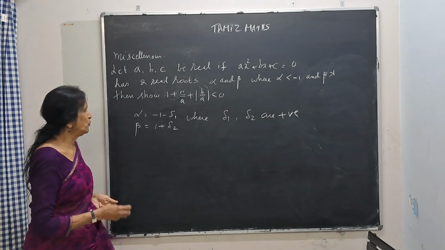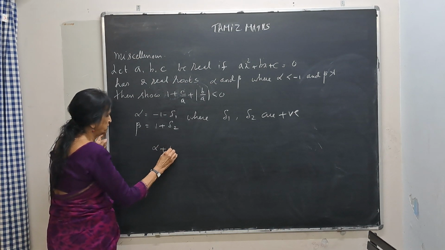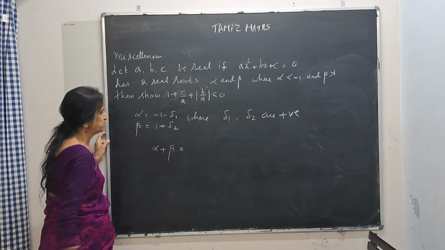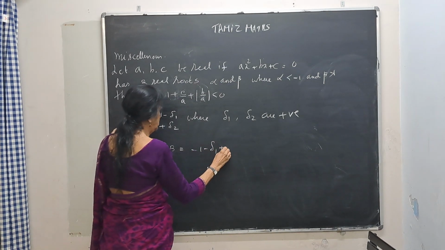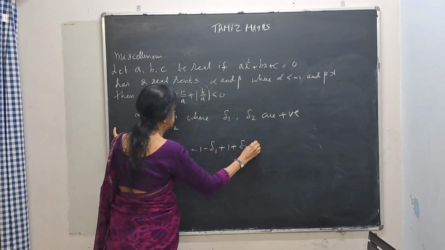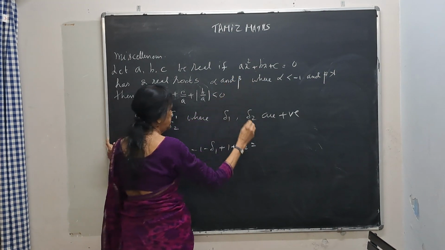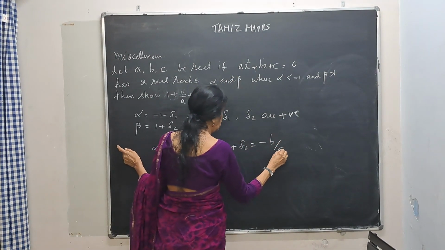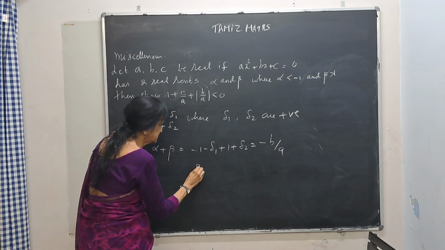Okay? Now, sum of the roots. Minus 1 minus del 1 plus 1 plus del 2 is minus b by a. So, minus 1 plus 1 will get cancelled.